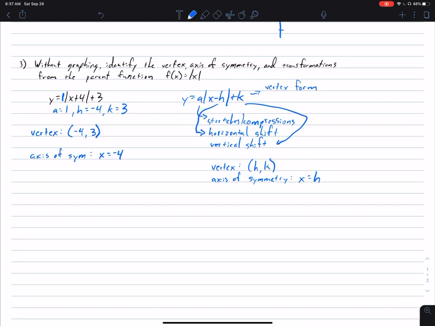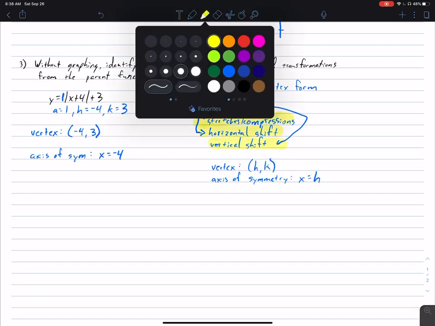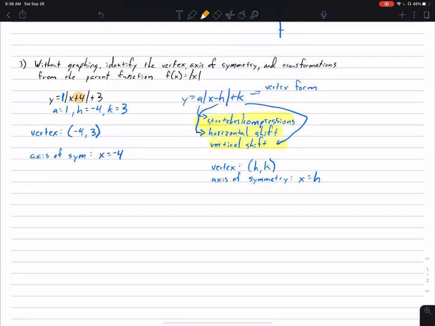All right, so like I mentioned over here, these are your shifts, compressions, stretches, things like that. The value of 1 isn't going to do anything. All right, so there's not going to be any kind of stretch, compression, or a reflection. We'll go back to reflections in a minute. That plus 4, let me do some highlighting here, is the opposite of what you would normally think.